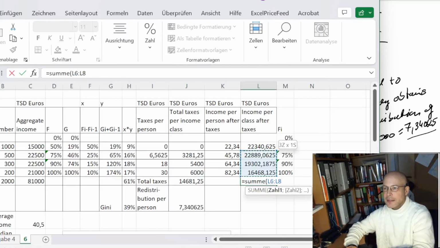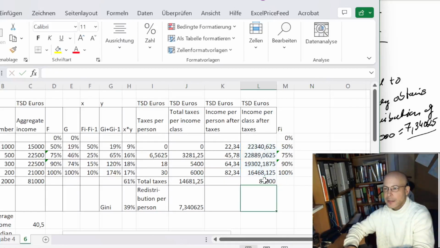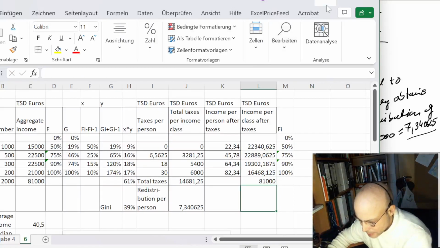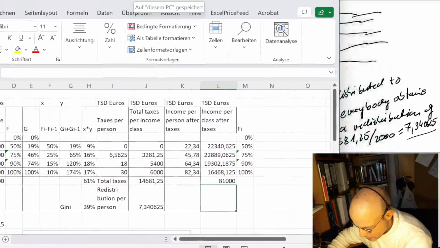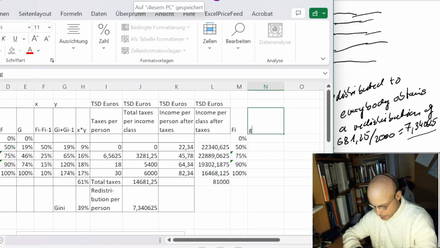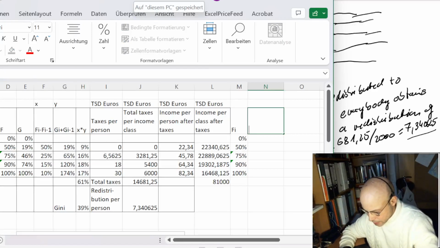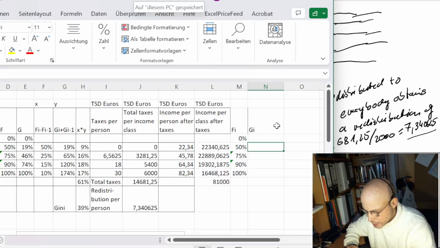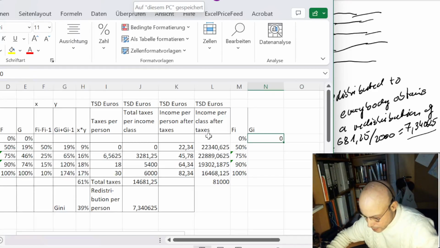So if we take the sum here, hopefully I'm right. Okay, here we are at 80,000. And now we have to calculate Gi, and we are doing this in the same way as the Fi. So we start at 0%. Let's take also percentage here.